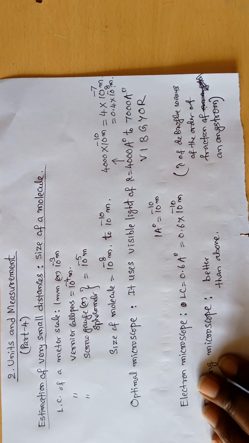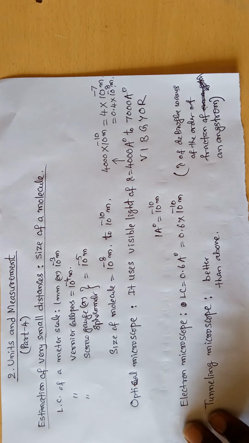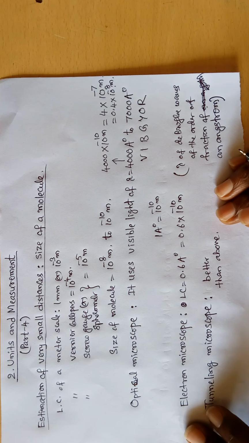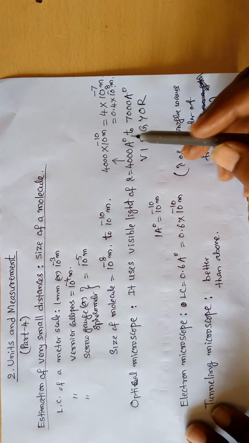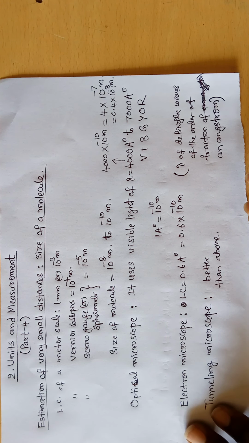So, you cannot find the size of a molecule using an optical microscope. If the size of a molecule is less than 4 into 10 to the power of minus 7 meters, we cannot measure.